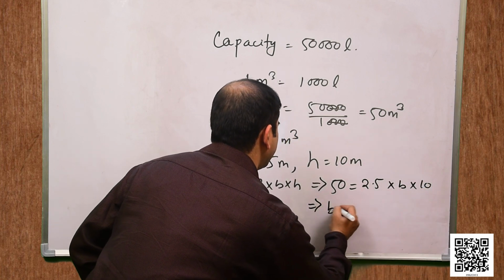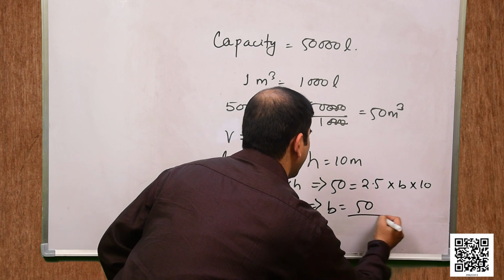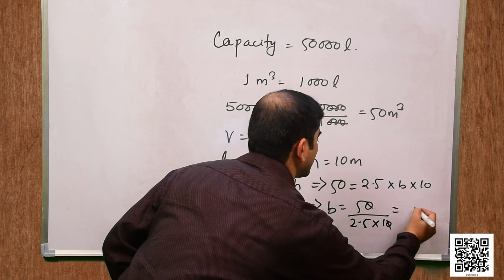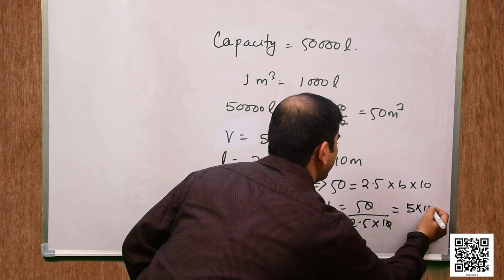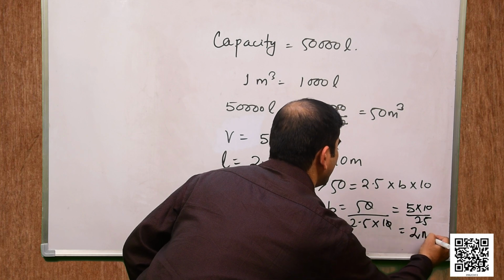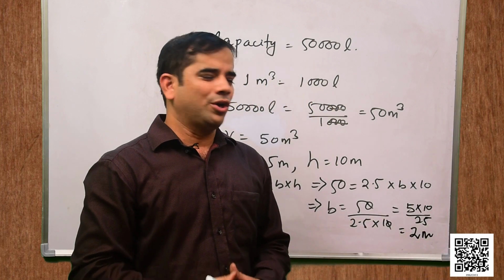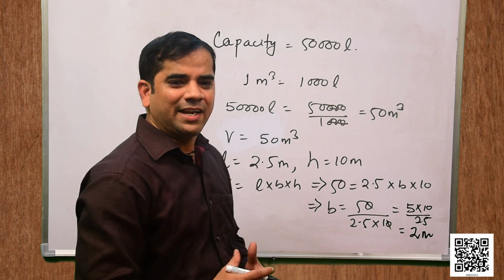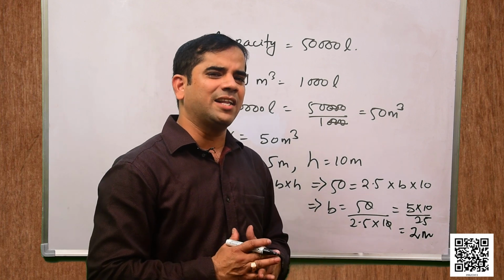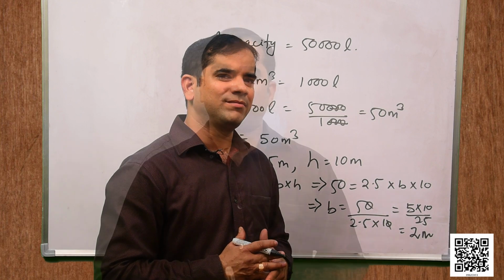That implies B is equal to 50 divided by 2.5 into 10, or 5 into 10 by 25, or it is 2 meter. So, the breadth of the tank is found to be 2 meter. Hope you clearly understand the solution of this question.